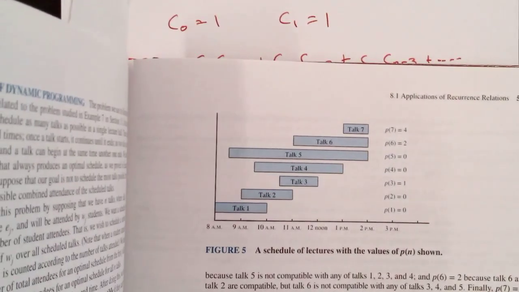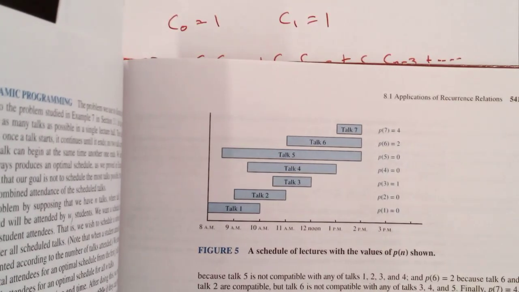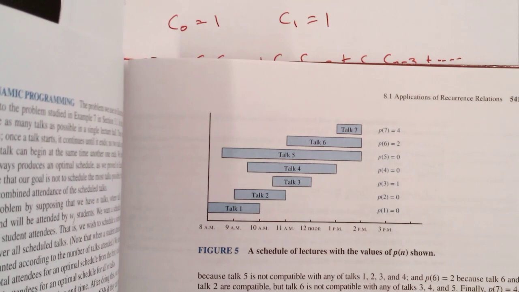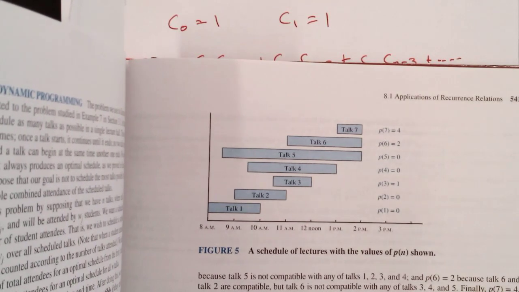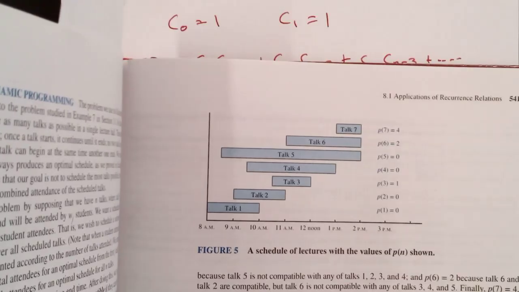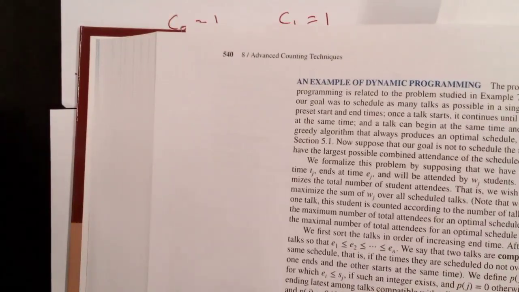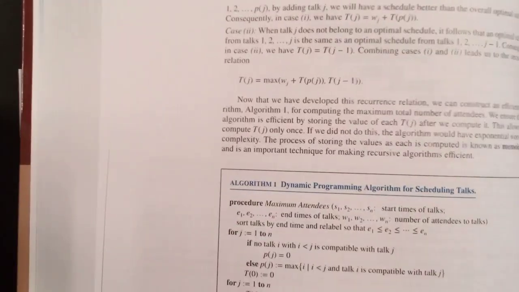Scheduling tasks are best accomplished in dynamic programming terms. They use this sort of recursive behavior. This is example 6, page 540 to 542, and it even provides me the actual algorithm.